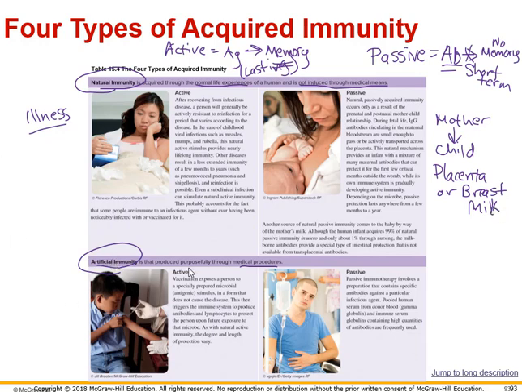So artificial active immunity then would be vaccination, that we typically think of, and that can either be through a shot like this, or it could be something oral. There was the oral polio vaccine that was given through the mouth, and a lot of times it's through mucous membrane, like through the nose.